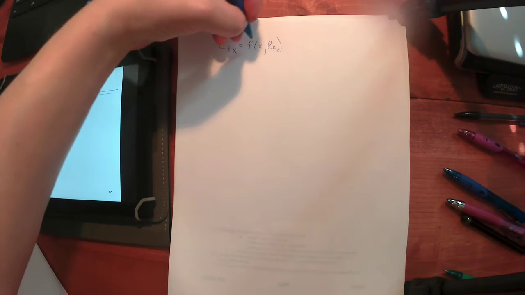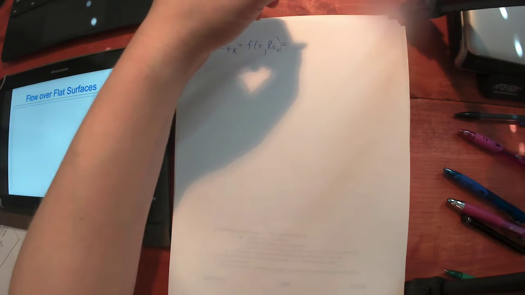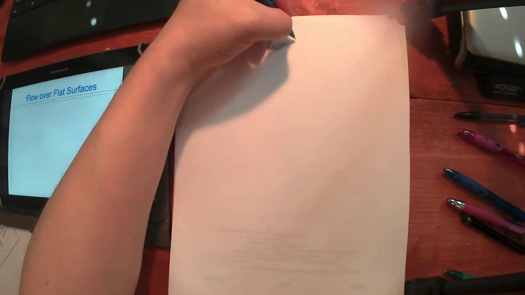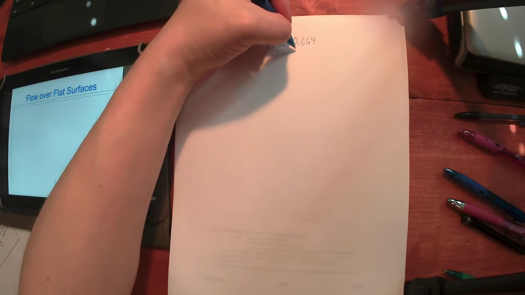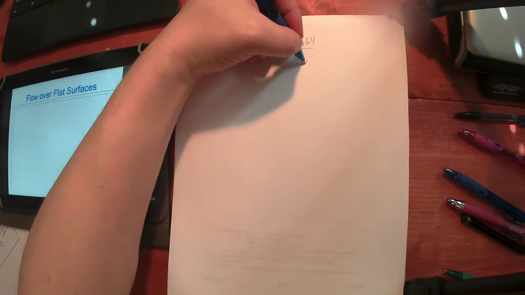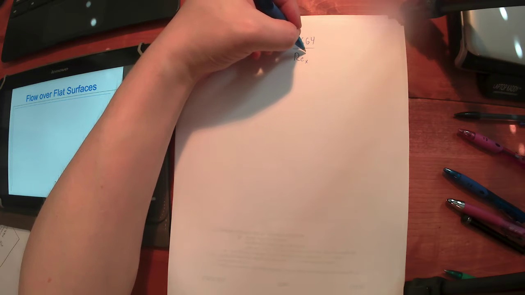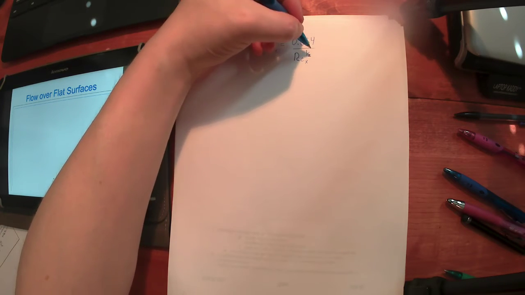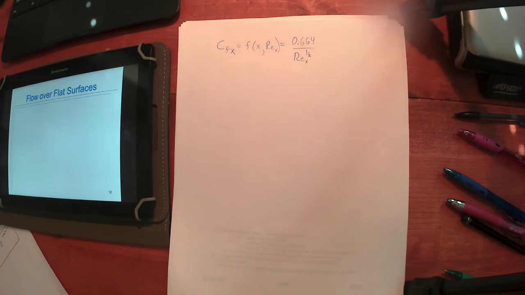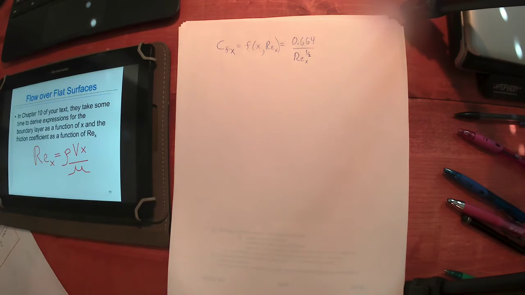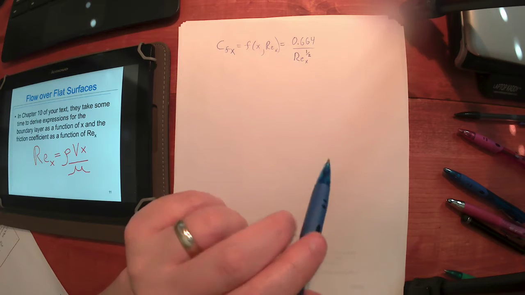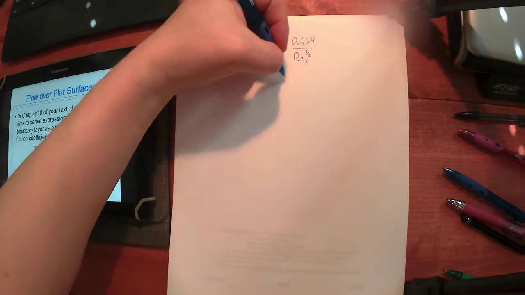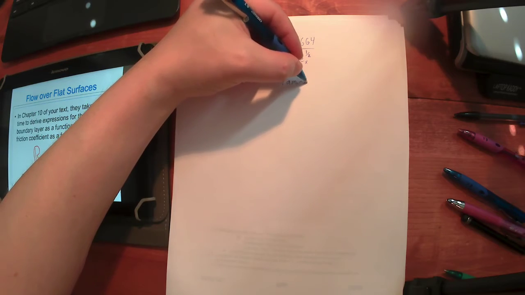That coefficient of friction along the x value there is 0.664 over the Reynolds number x, raised to the 1/2 power, the square root. And remember, that Reynolds number x is this rho v x over mu. Take the square root of that, invert it, multiply by 0.664, and that gives you this coefficient of friction if we have laminar flow.